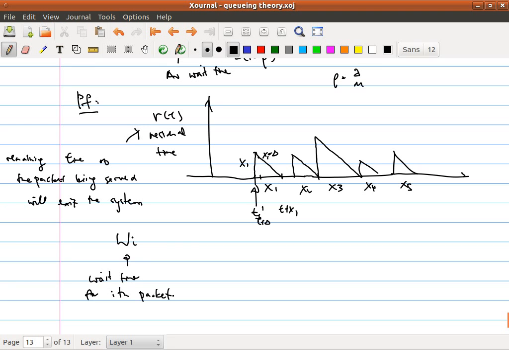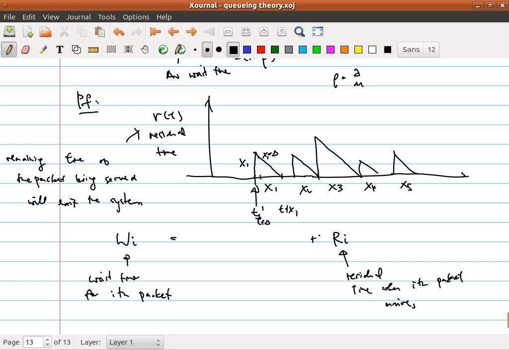One is equal to the residual time, let's call it Ri, the residual time when the i-th packet arrives, because when it arrives it needs to wait for whatever is being served to finish.